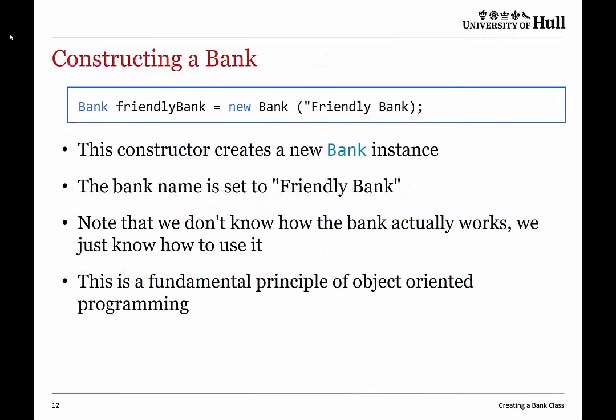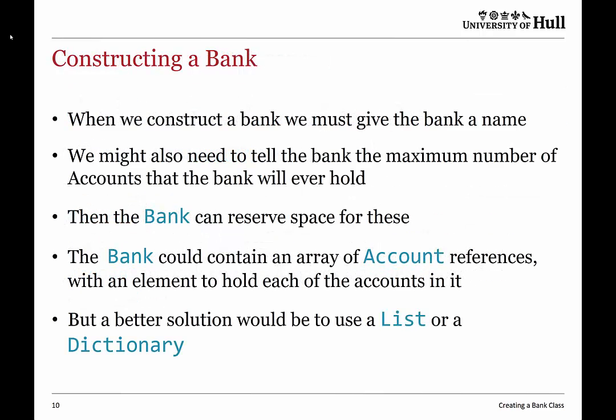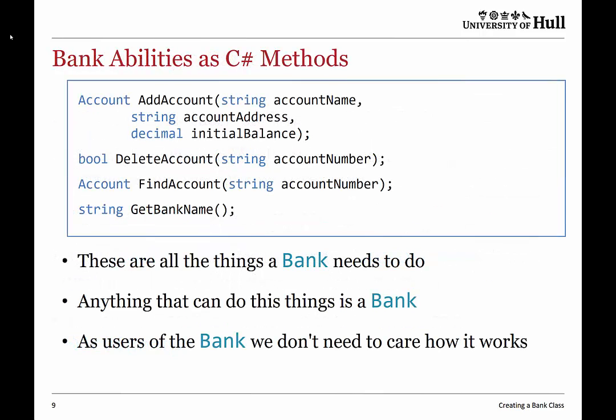So here's my bank constructor. Make a bank with a tag called Friendly Bank and give it the name Friendly Bank. The great thing about these, just to underline where I'm going, is that when I've made these and made them work, people using my bank don't have to know how they work at all.